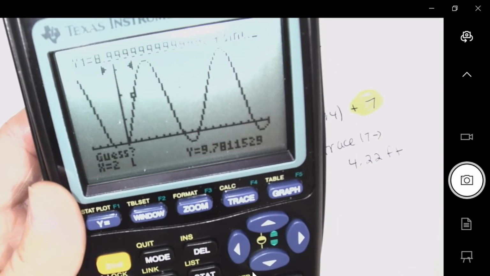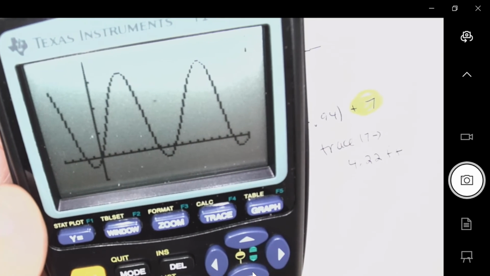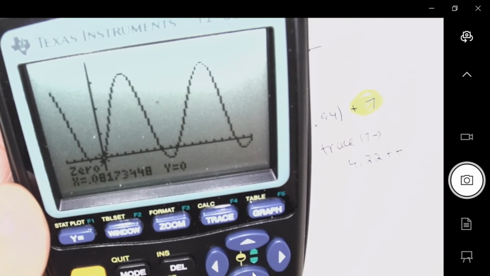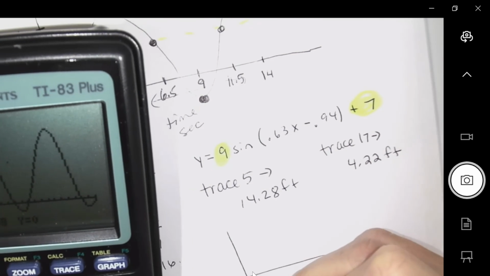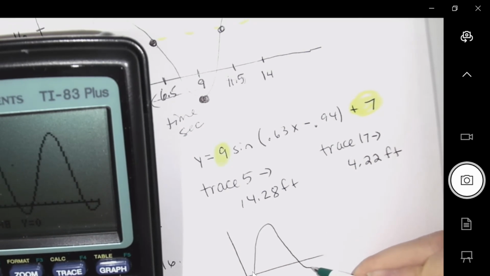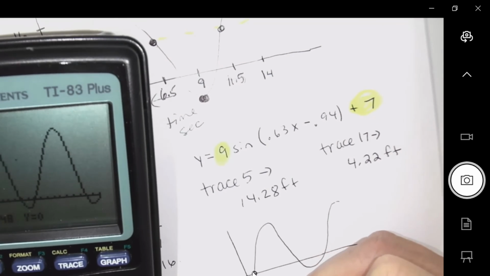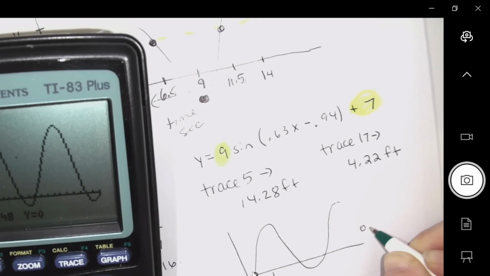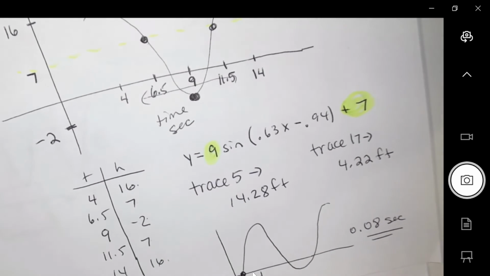Do you notice that I just enter numbers that I think are between instead of moving my mouse? Because that makes me go a lot faster. 0.08 seconds is a positive time when we first come out of the water.